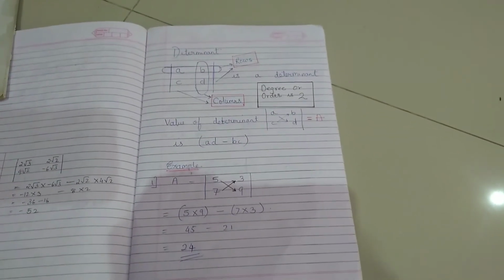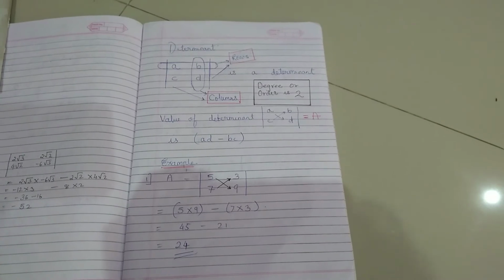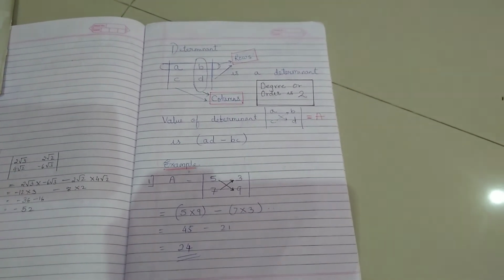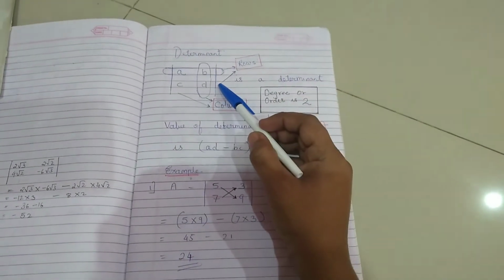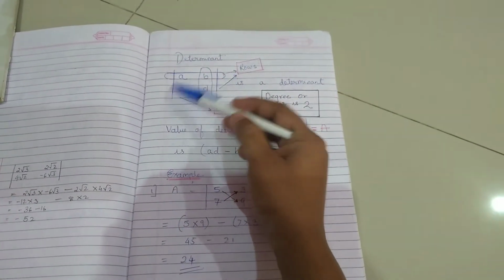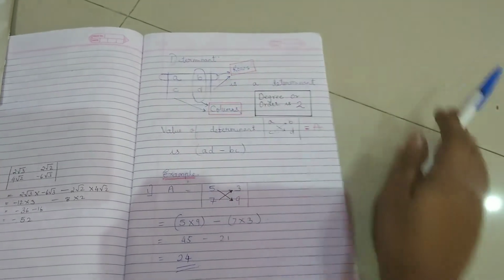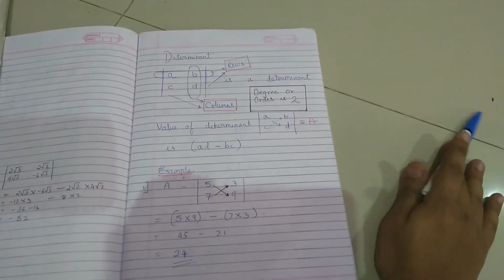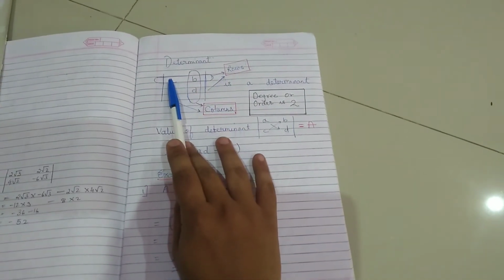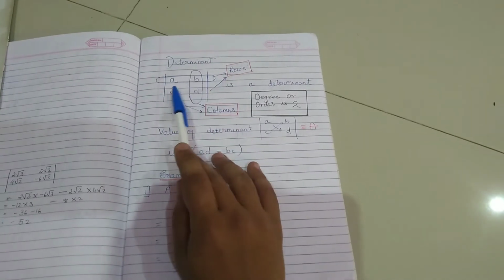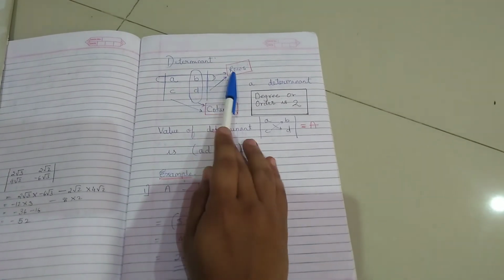Now let's quickly come on to the next topic, that is the determinant. First of all, what is the determinant? The numbers which are placed between these two lines, that is a b c d, are known as the determinant. This a b is called a row, also c d is called a row.